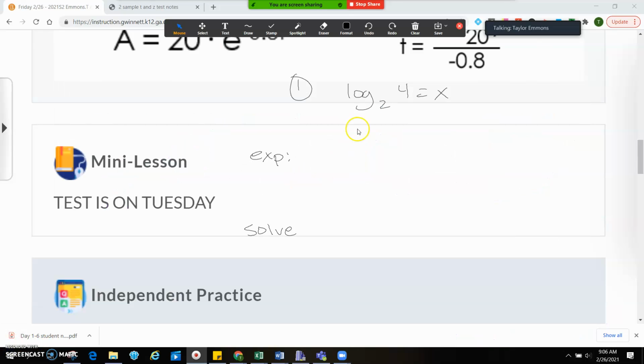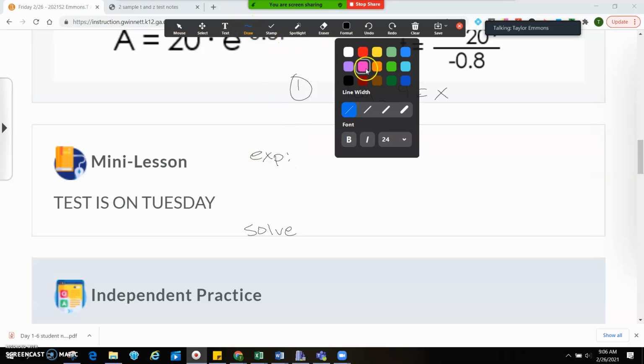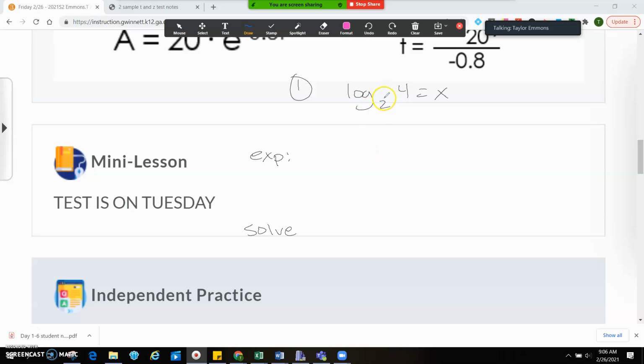All right, so we're going to take this function, and we're going to put it in exponential form. So that was the first thing that we learned how to do in this unit. So remember, we always start with our base, we go to our outside, and we finish here. So base raised to the exponent equals our solution.